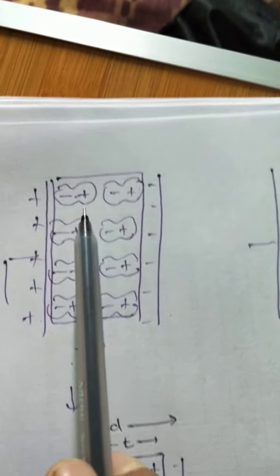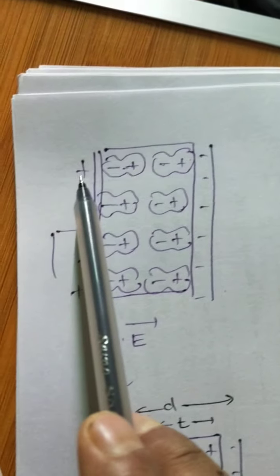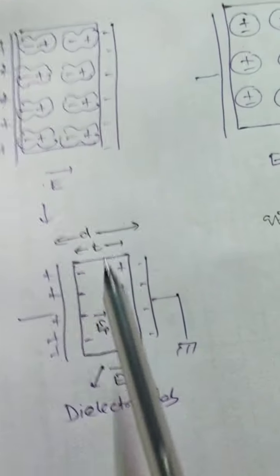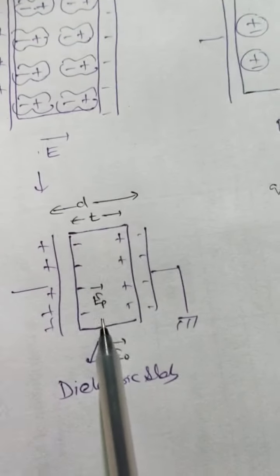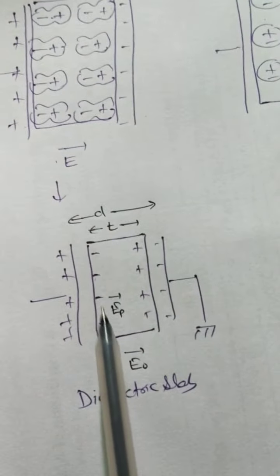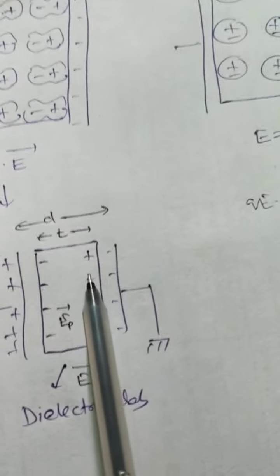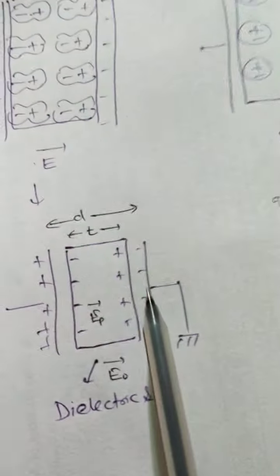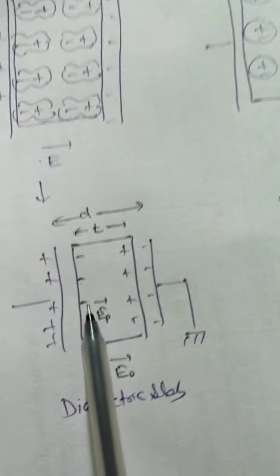Now suppose this positive and negative are quite near, then what will happen? This is the dielectric slab; net negative charge is left nearer to the positive plate of the capacitor, and net positive charge is left nearer to the negative plate of the capacitor, and thus an electric field is produced.